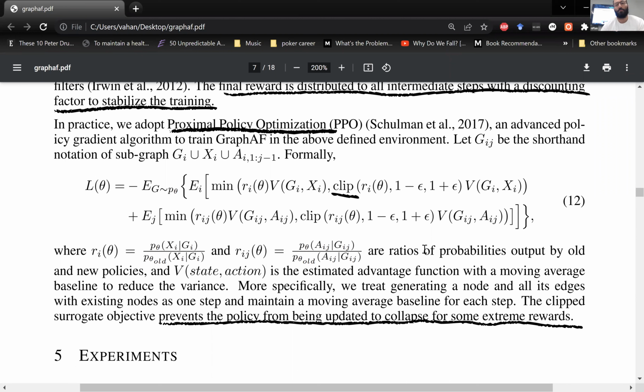The whole idea is that when updating a policy, you can't use data from previous rollouts, or attempts at creating a molecule, if every time you update your policy it's very different from the one before. So they clip rewards so that the change to the policy is small, so you can use more data from your history in order to learn. And using this method, there are some theoretical guarantees about monotonic improvement. So you're always going to improve or stay the same.